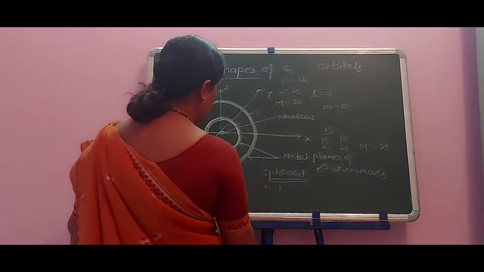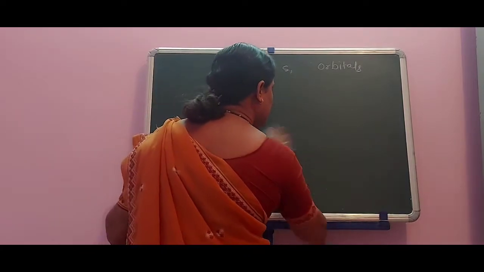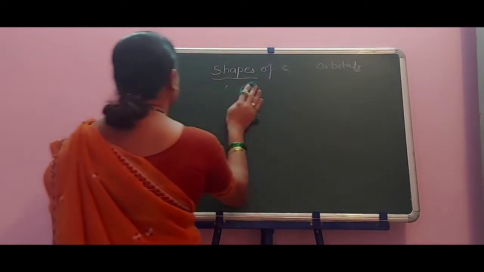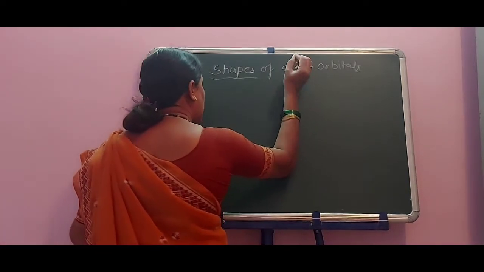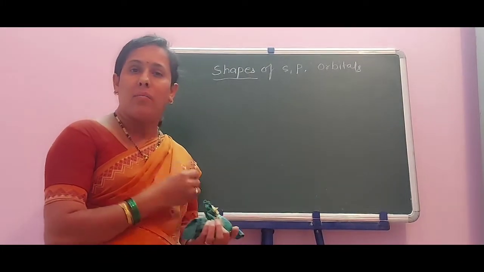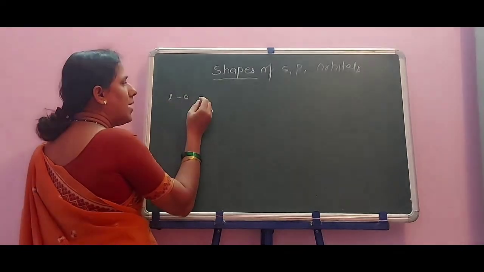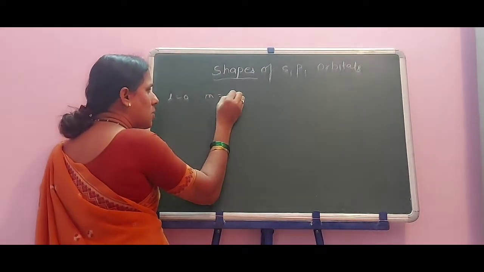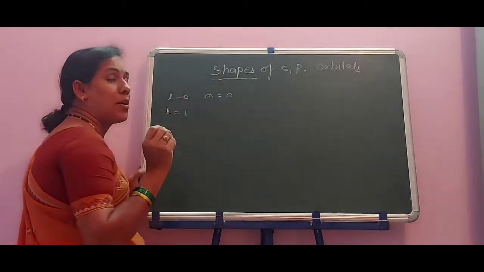Now see here, the p orbital. What was our previous statement? When l is equal to 0, m is also equal to 0. When l is equal to 1, what happens?